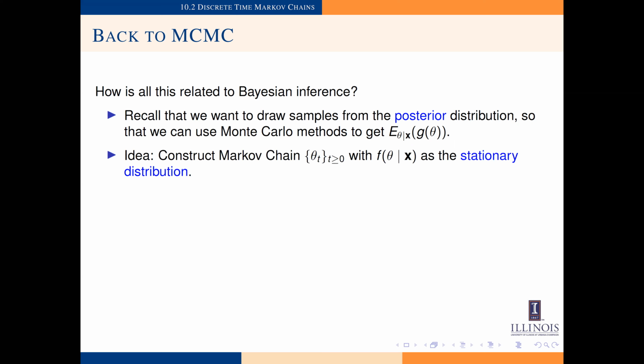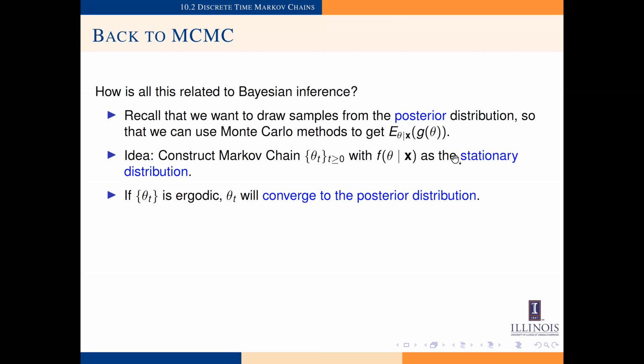However, a lot of the times we are not able to sample directly from the posterior distribution. The idea of MCMC is that we want to construct a Markov chain, theta_t, where the stationary distribution is the posterior distribution, f(theta given x).